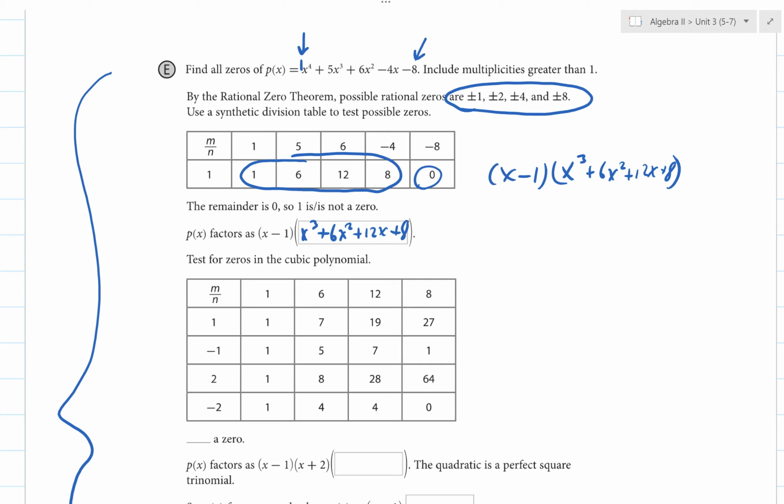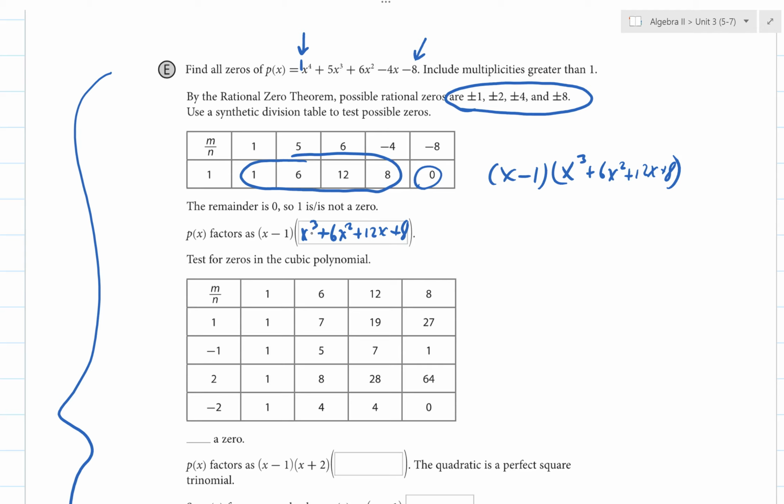And now, notice that moving on from there, a lot of the ones we did yesterday, after we found one of the factors, we ended up with a quadratic, and we were able to factor it or use the quadratic formula. But now we have a cubic. So now we have to think about different ways that we can solve cubics. We could try factoring by grouping, but I think in this one, the grouping method isn't going to work.